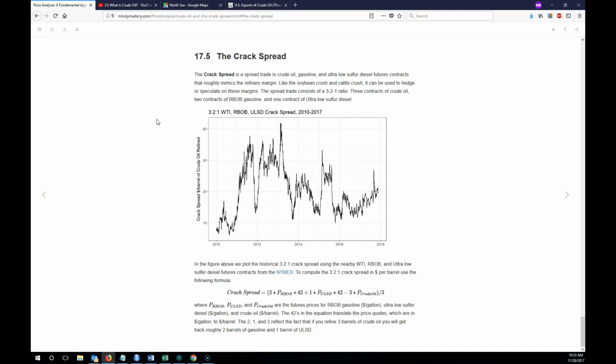And the reason that those proportions are used is because when you refine 1 barrel of crude oil, you get roughly 2/3 back as gasoline and 1/3 back as diesel fuel. Now, we talked in earlier videos that those proportions can be varied based on the economics of refining, but roughly that's the way the ratios work out.